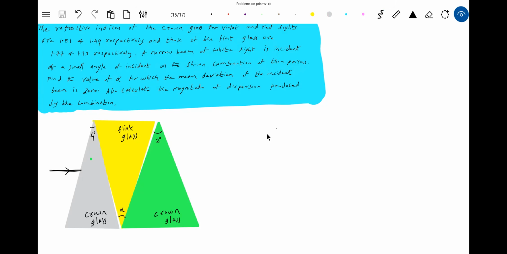So one thing is clear that the mean deviation is zero. That mean deviation means the deviation suffered due to yellow color light. So directly we'll go for the net deviation due to 1, 2, 3.